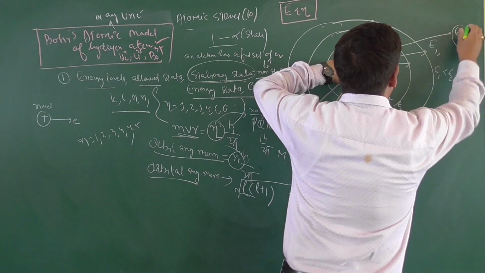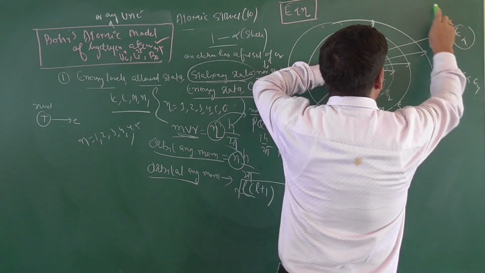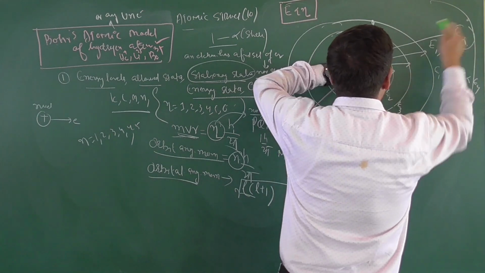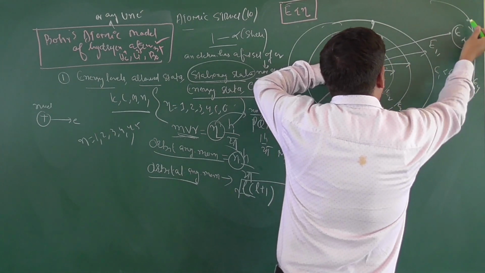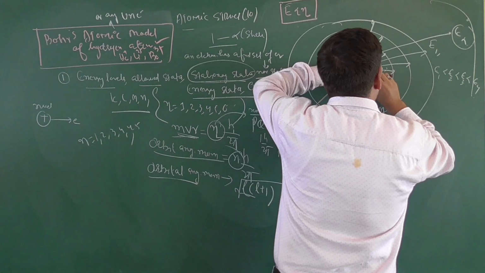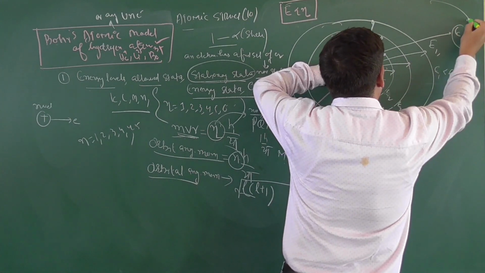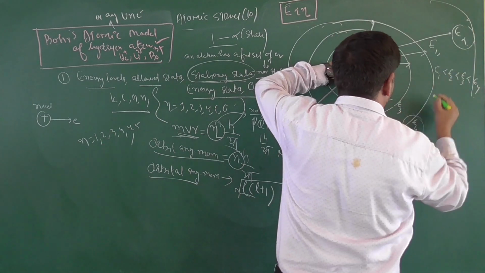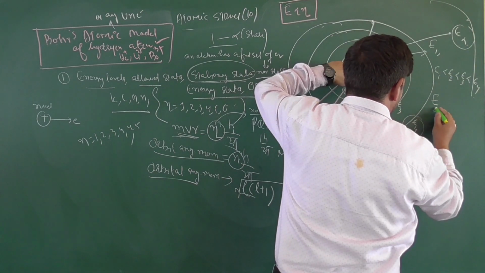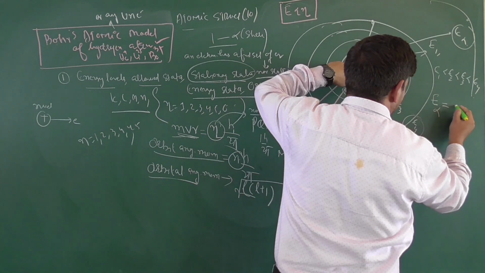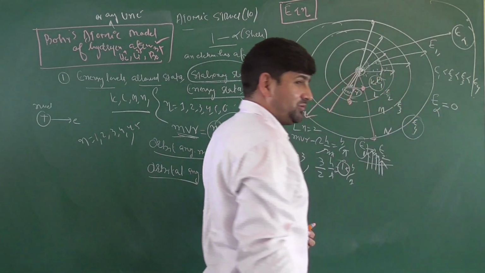What is meant by E infinity? Infinity means the region where there is no interaction between electron and nucleus. Now when the electron is out of the atom itself, what is the energy at infinite distance? Zero. So remember, the energy of an electron at infinity will always be zero.